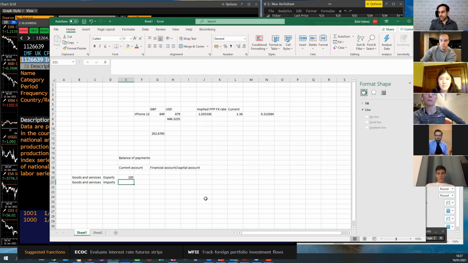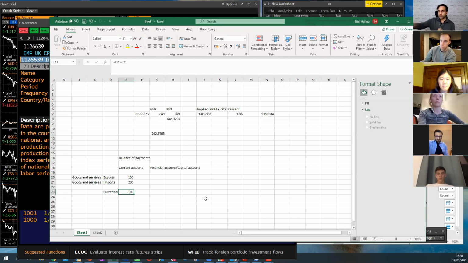And then on the import side, let's say you have 200 imports. That means you're buying tons of PlayStations or whatever. So that means you have a current account deficit. Now, how do you pay for the current account deficit?